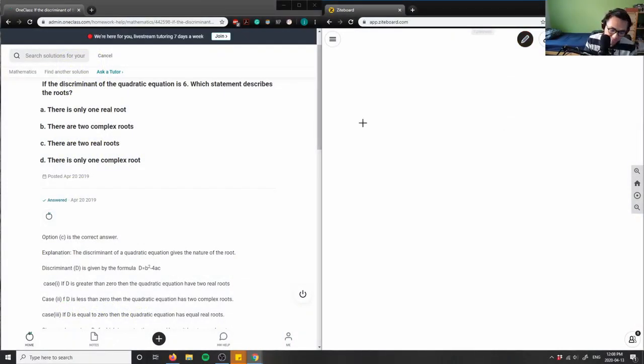Number 2 says that if the discriminant of the quadratic equation is 6, what statement describes the roots?